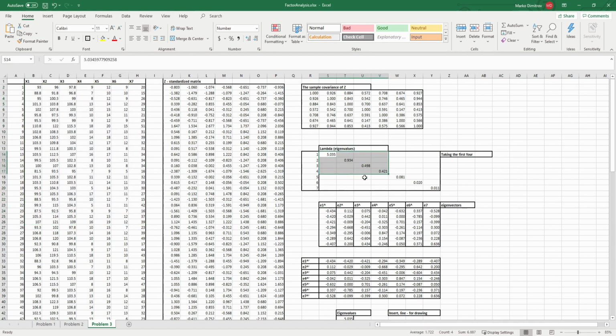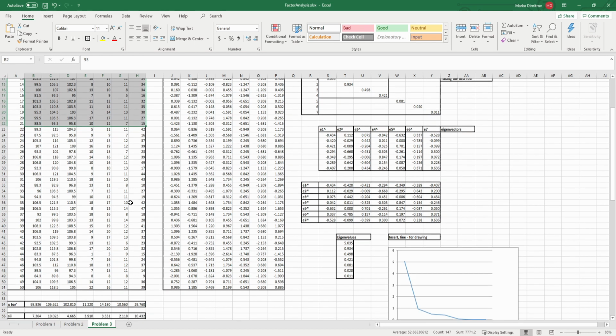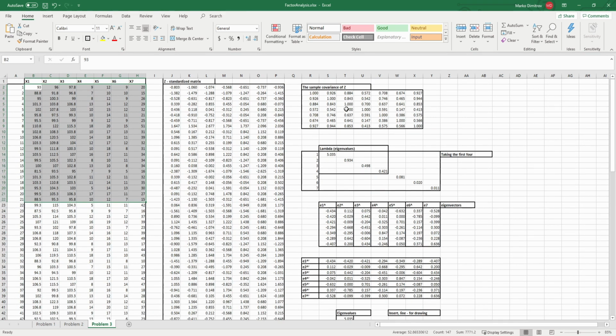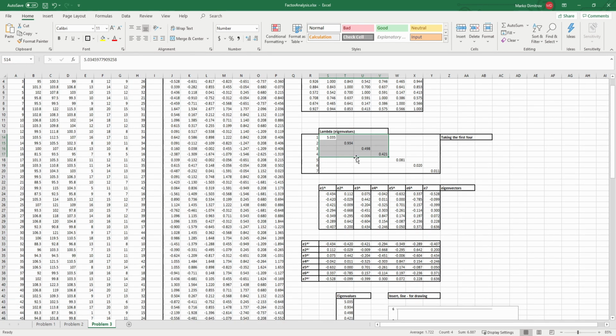There are rules of thumb that, for example, say to take all eigenvalues that are not close to 0, or, if we take the sample covariance matrix of the initial sample, not the correlation but the covariance matrix, not the covariance matrix of z, then we take all eigenvalues that are larger than 1, than unity. But because we standardized, we will take all that are not close to 0, or that explain here like 98% of the initial information. So we are taking only the first 4.